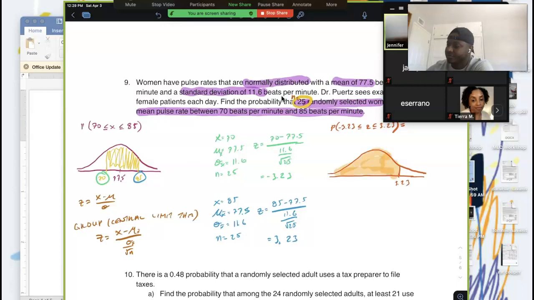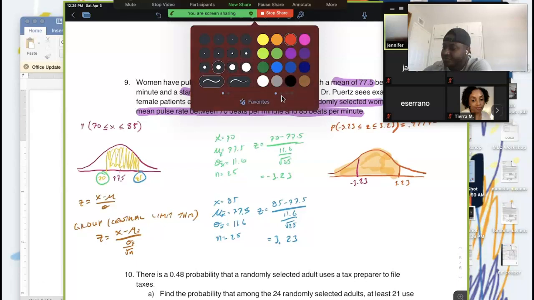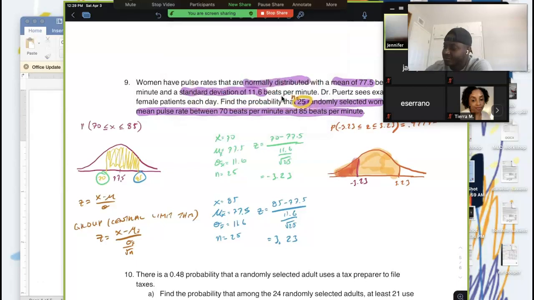What do you get when you look that up, Jennifer? 9994. And then we're going to subtract out the smaller of the two, so we're going to subtract out negative 3.23. What did that give you?